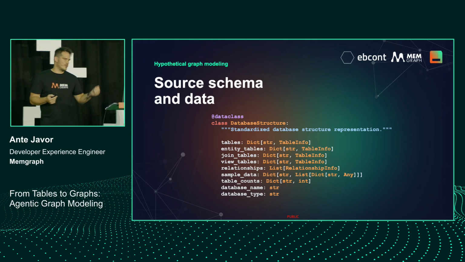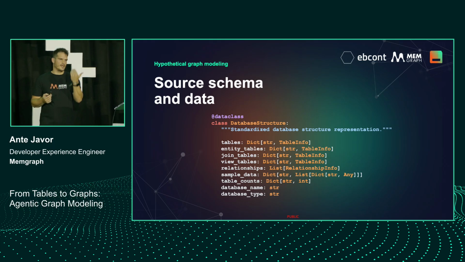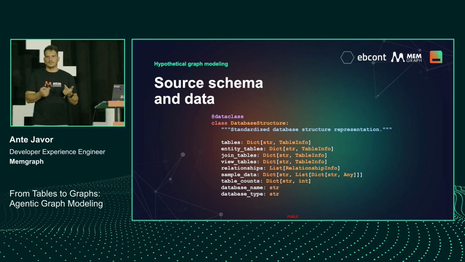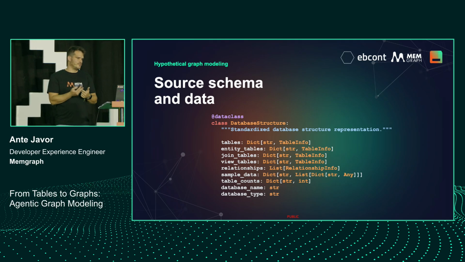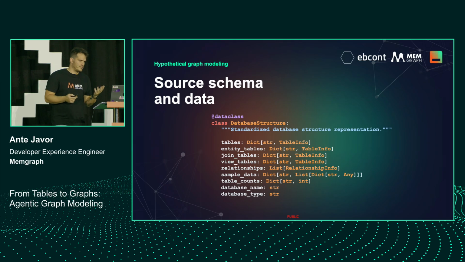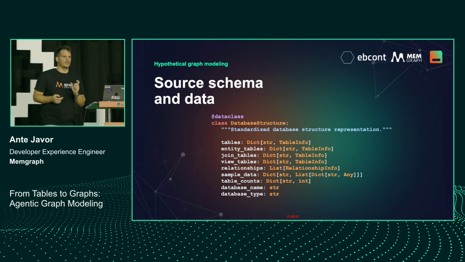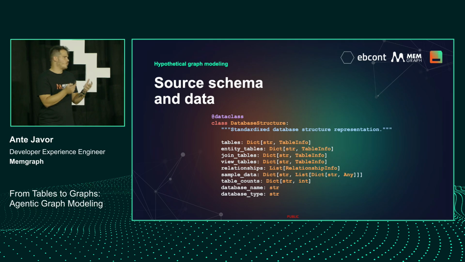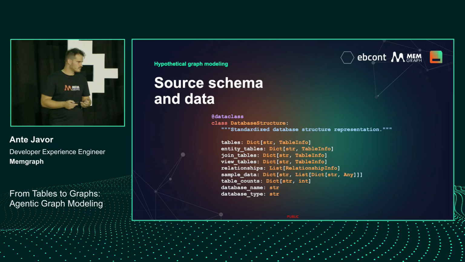When we analyze your data, we go through your tables, detect what entity tables are, what view tables are, and what join tables are. We assume what potential relationships could be, of course, and we take just a small sample of data so the LLM understands how to model that graph, like what data is inside.